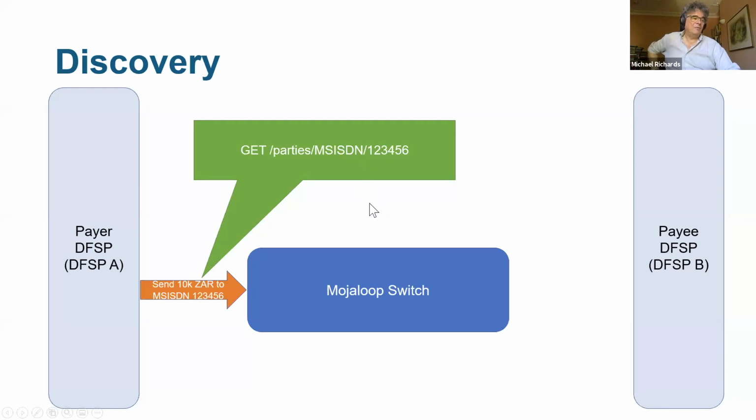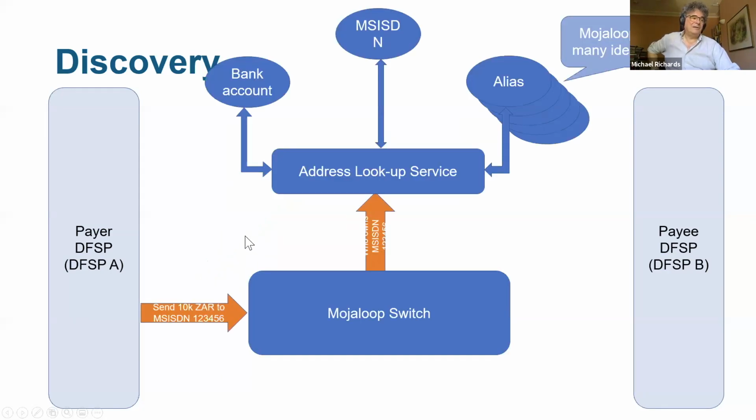Now, we support quite a lot of different kinds of identifiers, and they are all orchestrated by a component called the address lookup service. So when this request is sent through, it will say what kind of identifier is being used. In this case, it's a phone number, or MSISDN, as we like to call it in the jargon riddled world of retail payments.